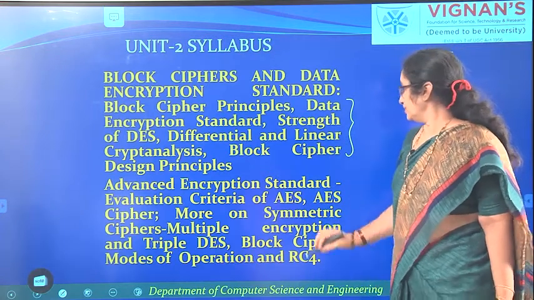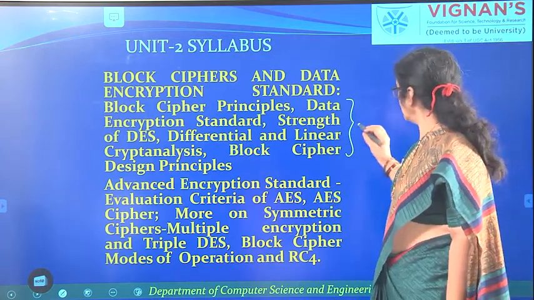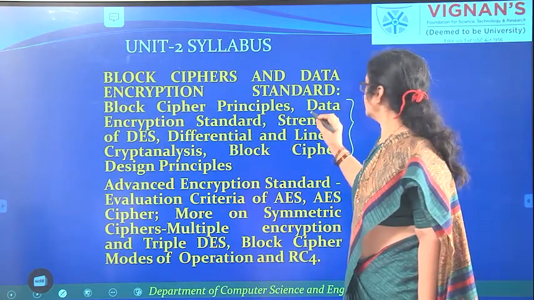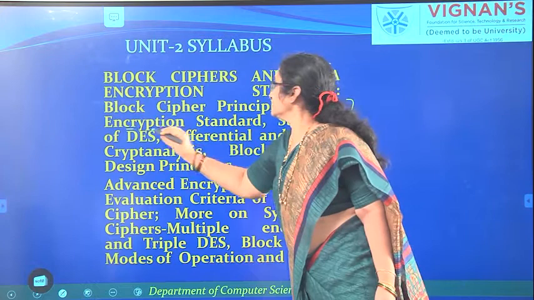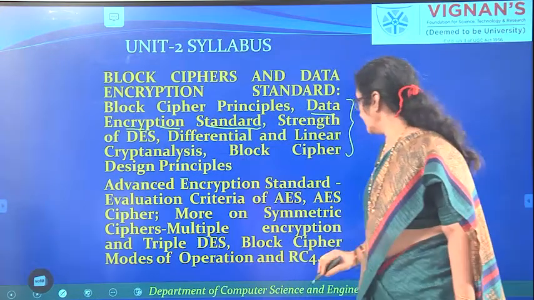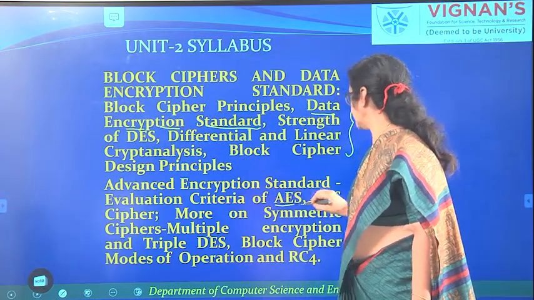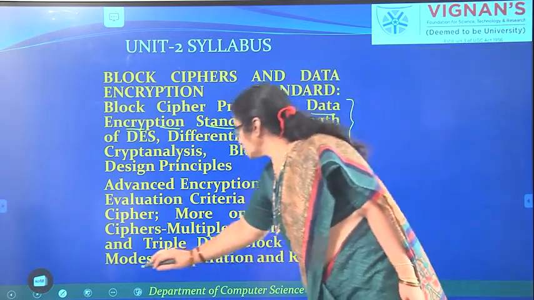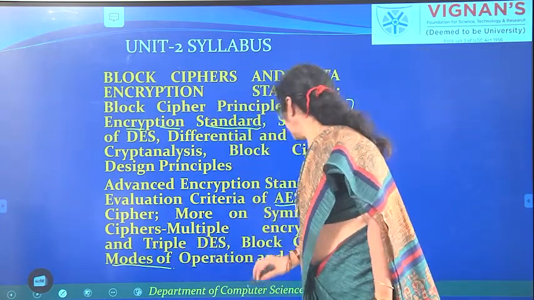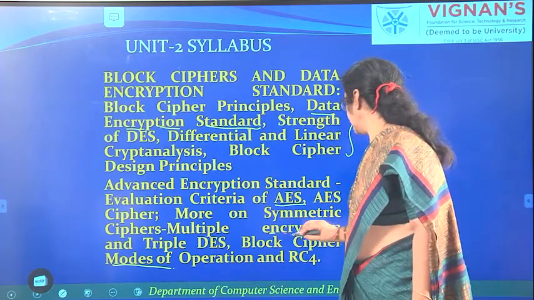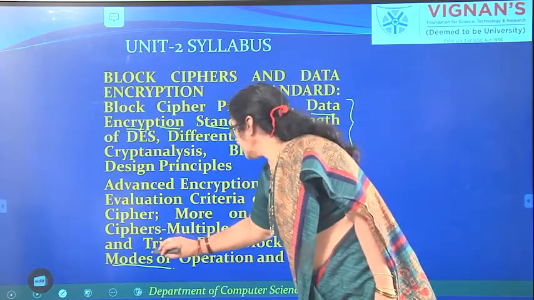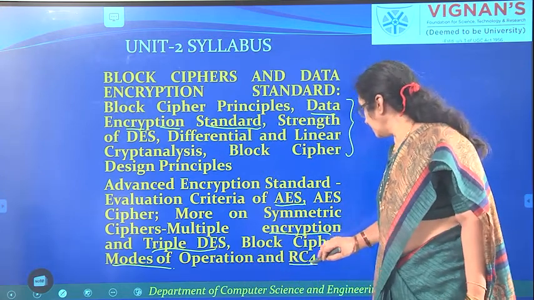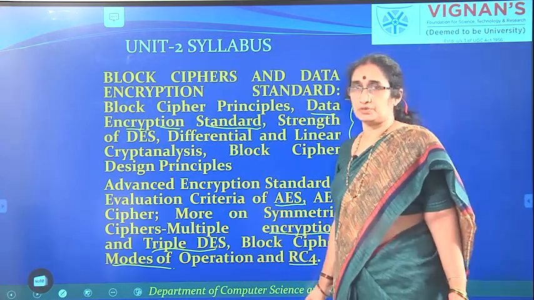We also study two such block ciphers, the Data Encryption Standard and Advanced Encryption Standard, and the various modes of operation and multiple encryption techniques like DES and Double DES. And also we will be studying about the stream cipher, that is RC4.